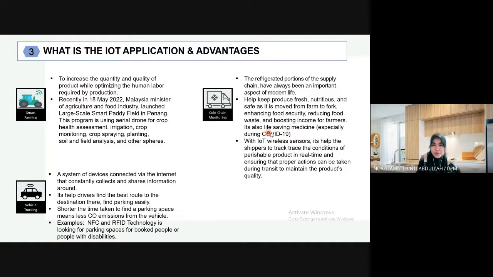It also carries life-saving medicines, especially during COVID-19 from 2000 until 2022. Okay, with IoT wireless sensors, it helps the shippers to trace the conditions of perishable products in real time, ensuring that proper actions can be taken during transit to maintain the product's quality.